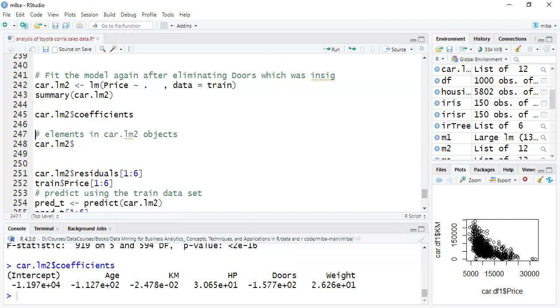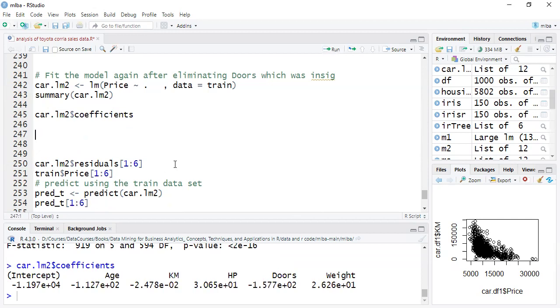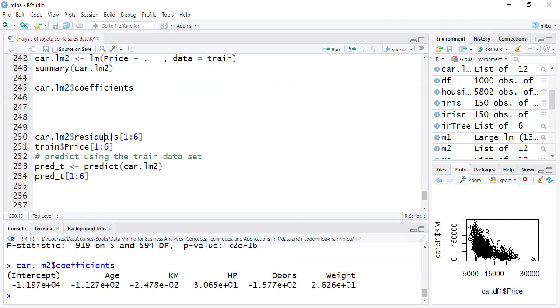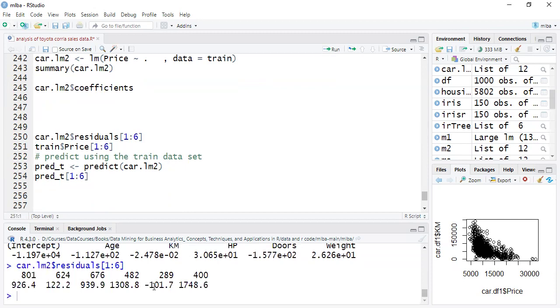You can see only the coefficients here, meaning the first column of the table. If you want to mention residuals, errors, the 6 values of the residuals are here.